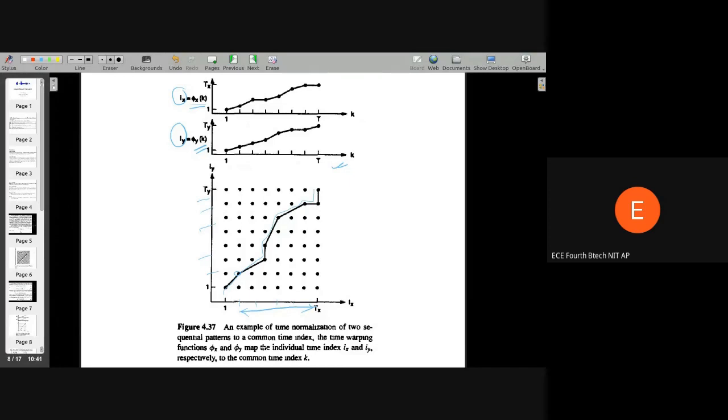Now, what are the advantages and disadvantages? Well, the advantage is that it's a very simple algorithm. It is simple to understand, and at least simple to implement. The disadvantage is time.